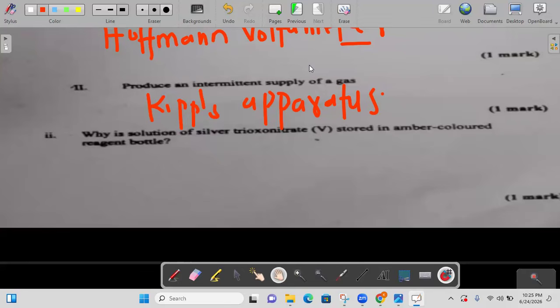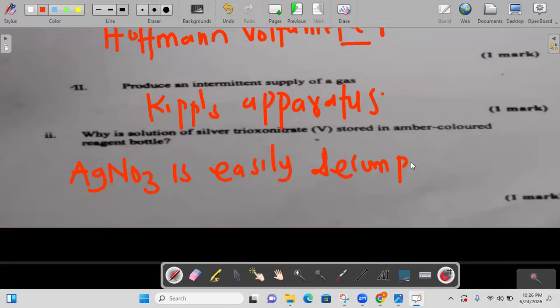Because silver nitrate, AgNO3, is easily decomposed by sunlight. That's why it is stored in amber or dark reagent bottles. Is that clear? Yes, sir.